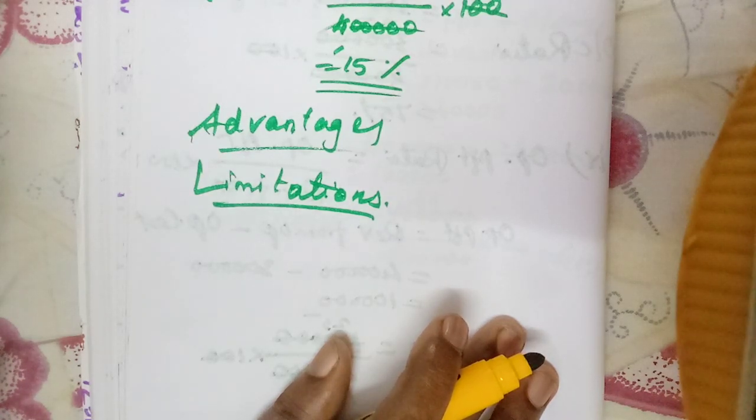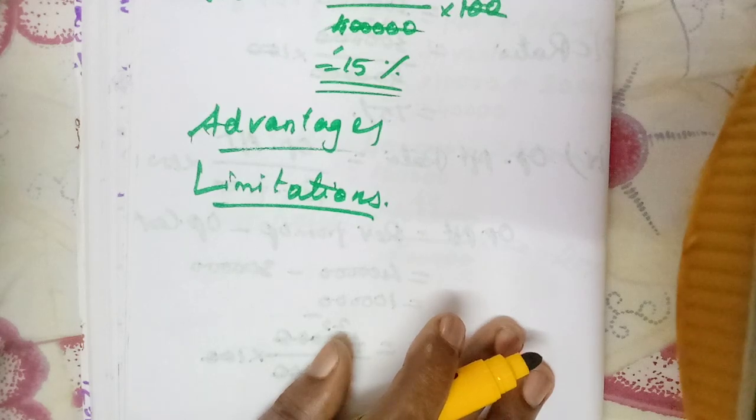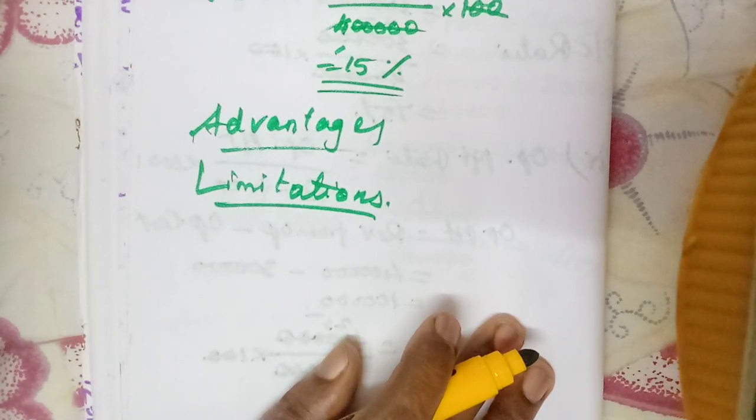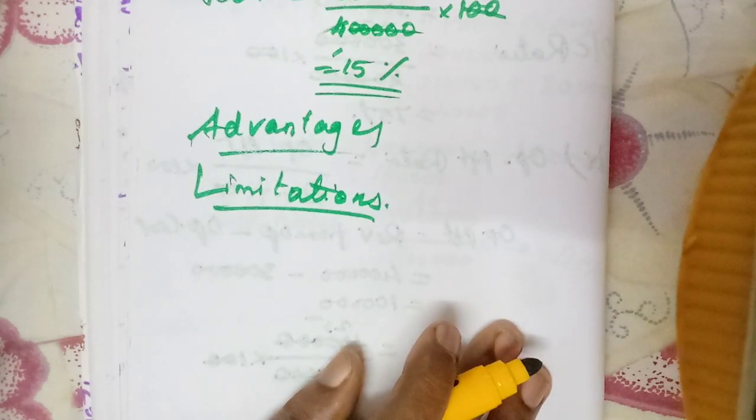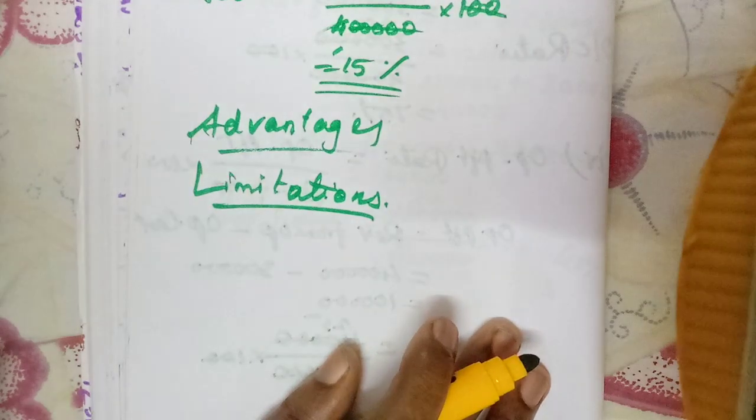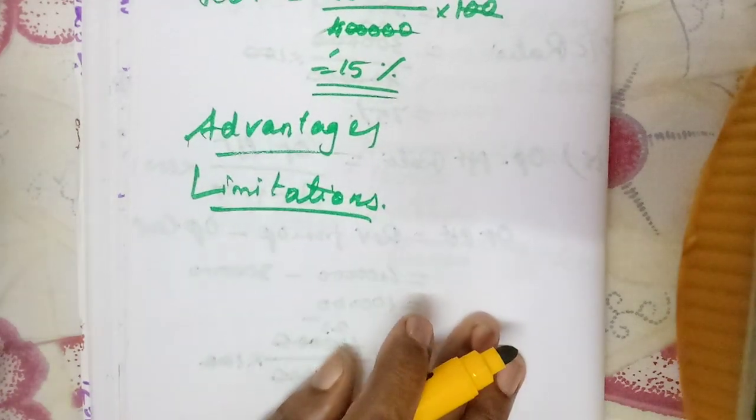If the amounts in the financial statements are inaccurate or wrong, then the ratios also will go wrong. There are no accepted norms and standards available, very few standards, so comparison with the standard is not possible. Then price level changes are not considered. If the price level changes, then it will not give any use. All these are the limitations.